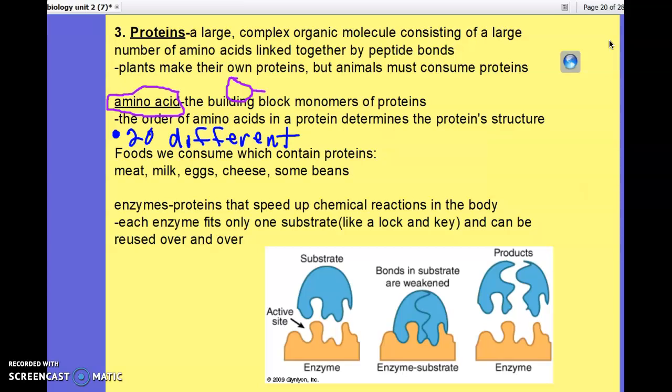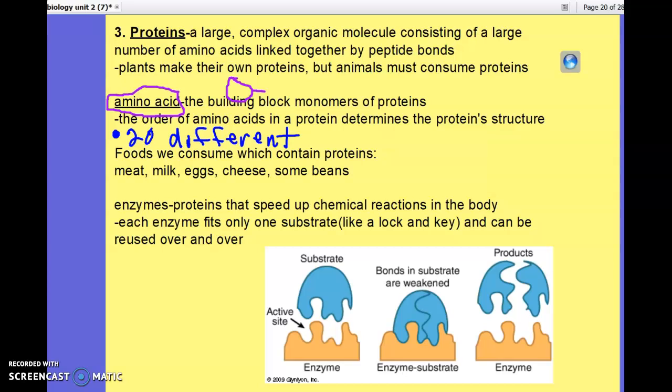I could make a necklace that's orange, black, orange, black, orange, black, or I could do groups of 3 orange and 1 black and 3 orange and 1 black and so forth. So there's a lot of different combinations and patterns we can make out of those beads of amino acid. Now imagine if you had 20 different colors of beads, all the possibilities that there are.